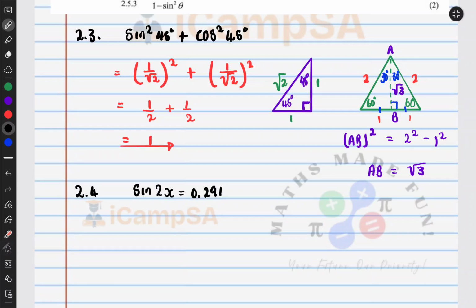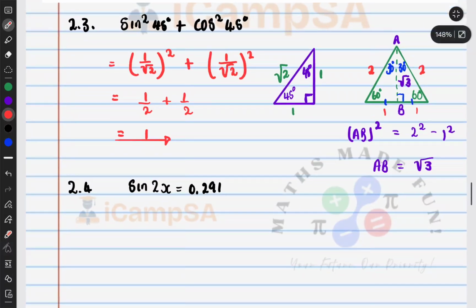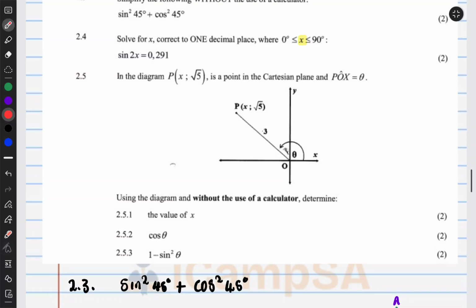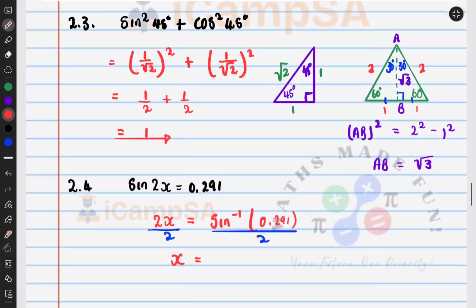We have to start by transposing sine to the other side, so we're left with 2x here. To transpose sine to the other side, we must use the second function, or shift, in our calculator to get sine inverse of 0.291. Then the next step is you divide by 2 on both sides, and that should give us the answer for x, correct to 1 decimal place.